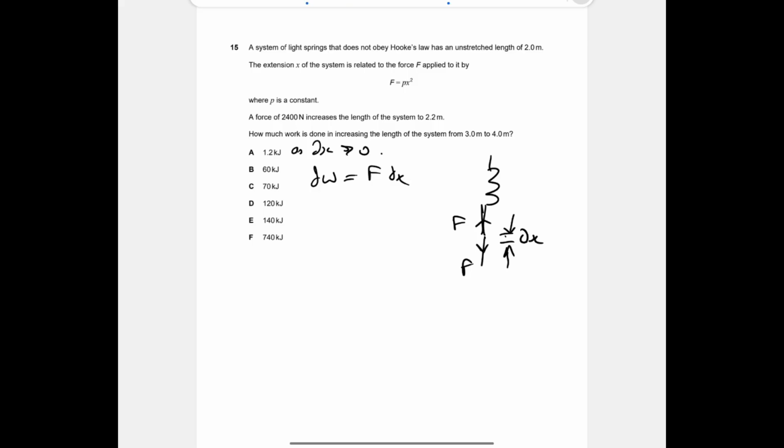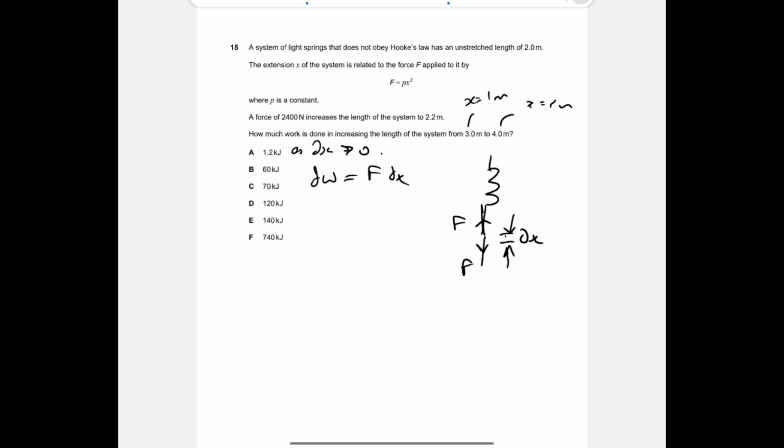So anyways, to get the total amount of work done by increasing the length of the system from 3 meters to 4 meters, that basically means increasing x. Over here x is 1 meter, and then x becomes 2 meters, so we have to integrate this.